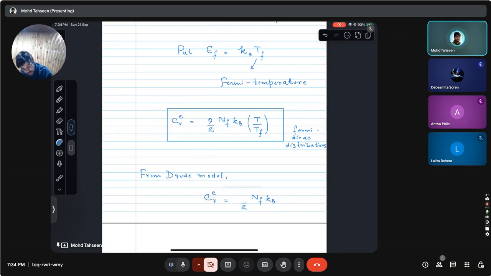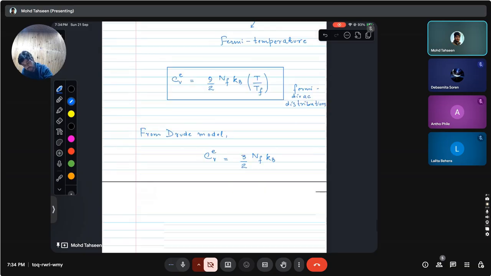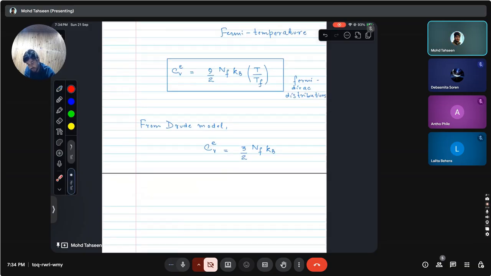Actually it was 3, not 9 here. Let me just quickly confirm. Yeah, right. But this factor of 3 will not cause an order of magnitude difference between the two expressions. So the main addition which comes from the Fermi-Dirac distributions is this factor here, T by T_F, right? So let's see what it does.